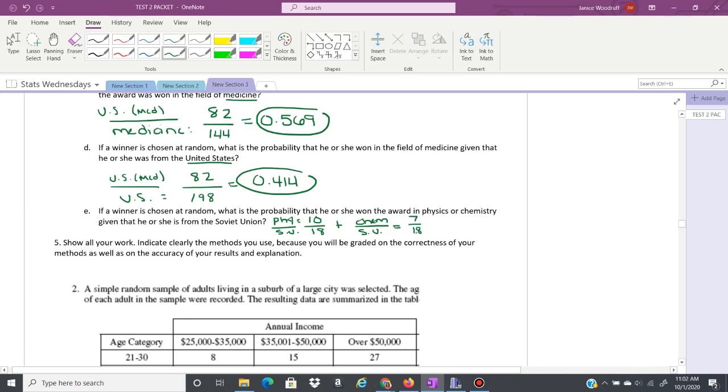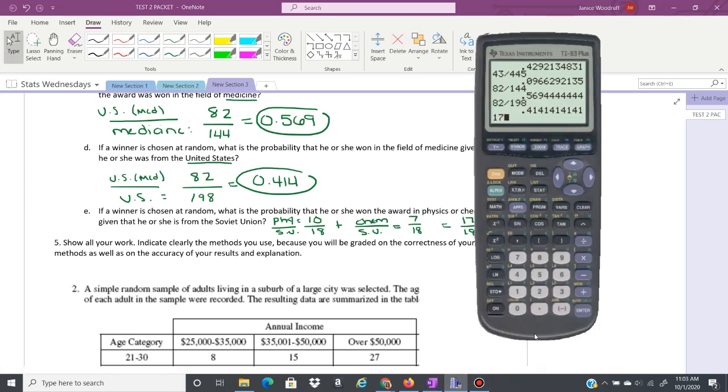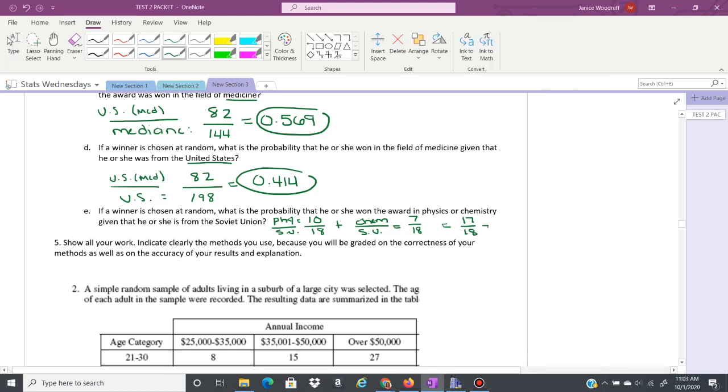So 10 over 18 plus 7 over 18 is 17 over 18, which is almost 100%. So 0.944. So with the word or, you're just adding.